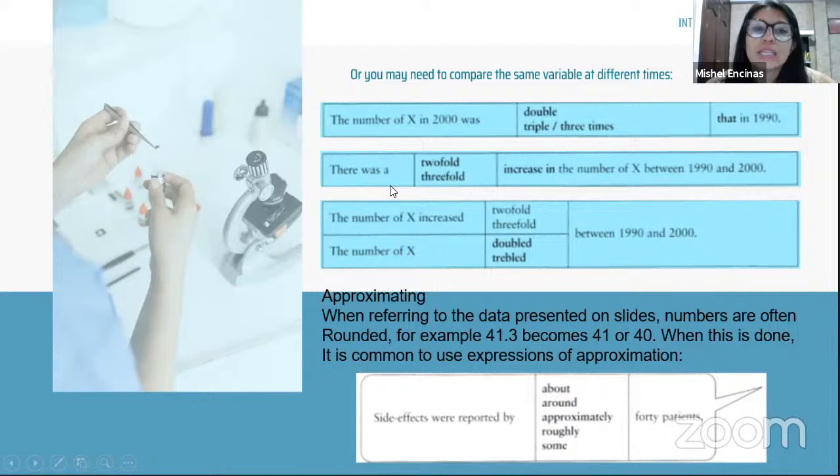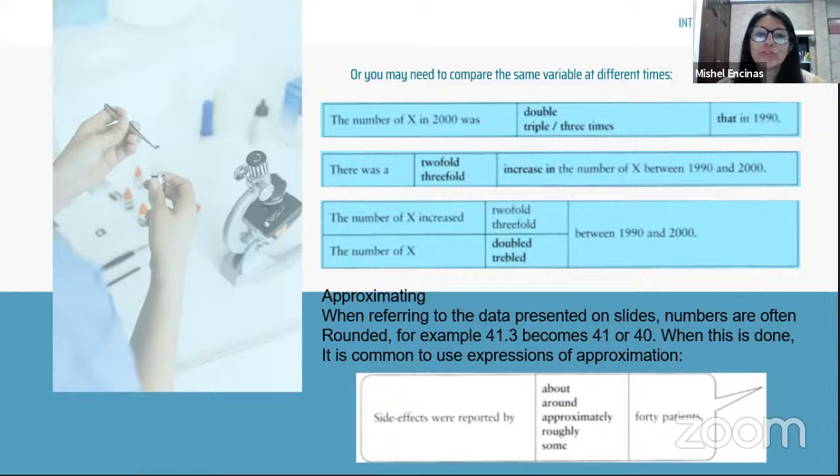Another way you can say there was a twofold or threefold increase in the number of eggs between 1990 and 2000. Or the number of eggs increased twofold or threefold. Or the number of eggs doubled or tripled between 1990 and 2000.